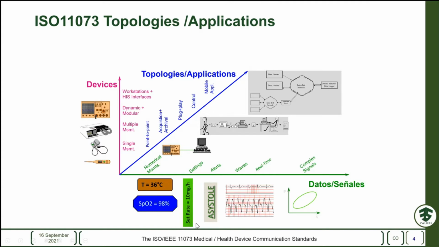Or we can set the rate of infusion of a particular infusion pump. That would be another type of information. The most, let's say, obvious one would be the waveforms that are time varying, like ECG, electrocardiography, or blood pressure.